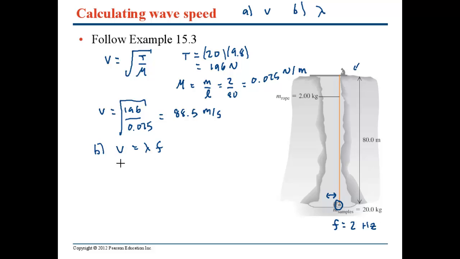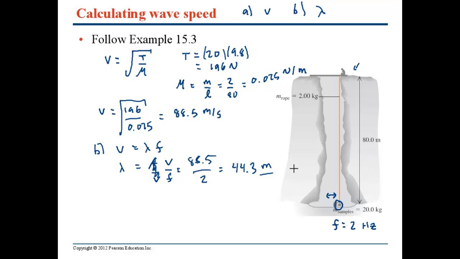For part B, I know that the speed of a wave is equal to the wavelength multiplied by the frequency. Therefore, the wavelength must be equal to the frequency divided by the speed. Scratch that. The speed divided by the frequency. So 88.5 divided by the 2 hertz is going to give me a wavelength of 44.3 meters.